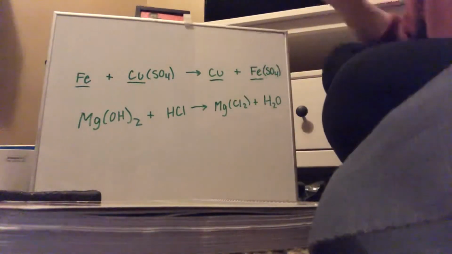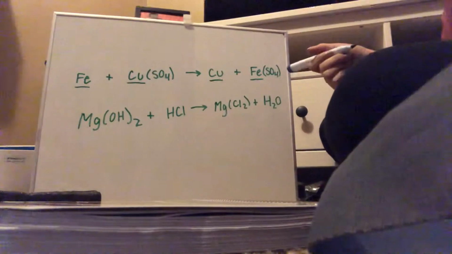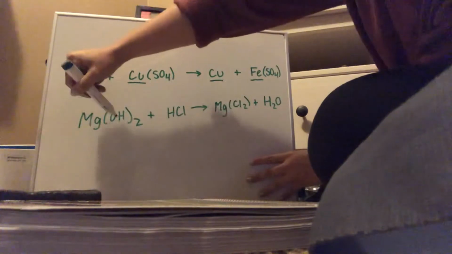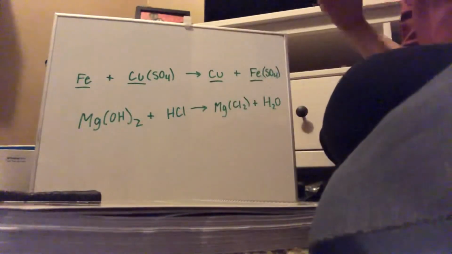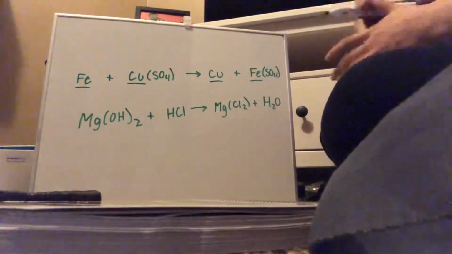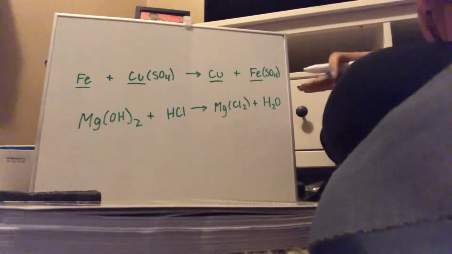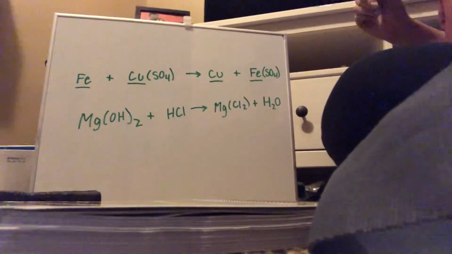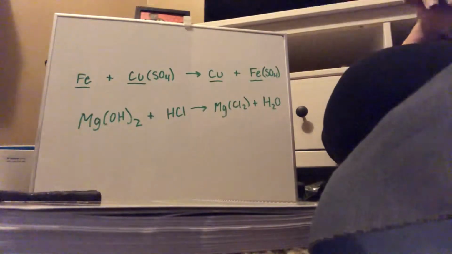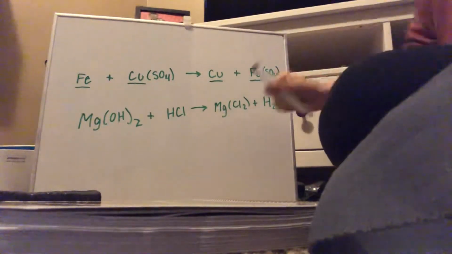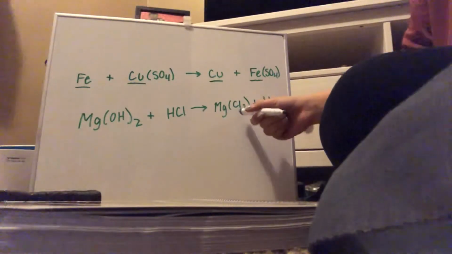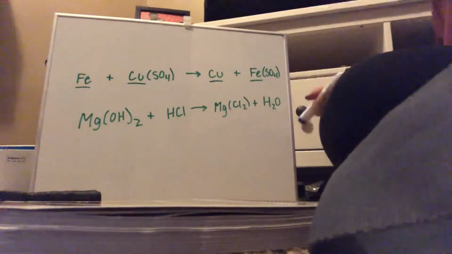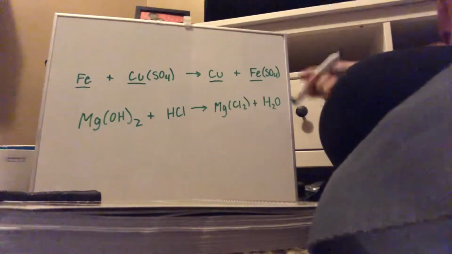You take the same concept that we did for the iron and copper sulfate reaction, and you apply it here. You see that magnesium hydroxide and HCl, if you put them into a beaker together, the magnesium and the hydroxide are going to break apart, and the hydrogen and the chloride are going to break apart. And what's going to happen is they're going to switch spots. They're going to do a little do-si-do. And the magnesium is going to bind with the chloride, and the hydrogen is going to bind with the hydroxide, and they're going to create water.